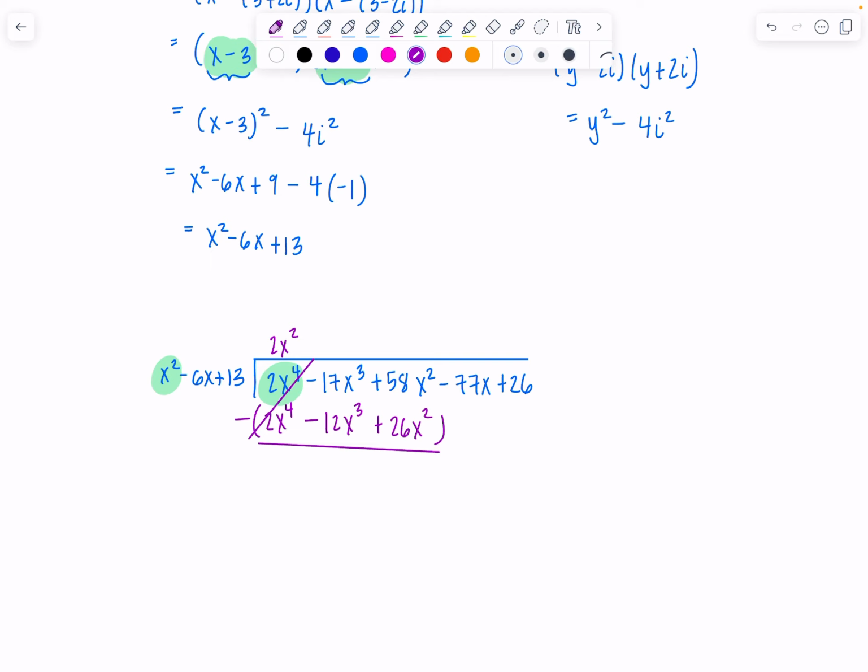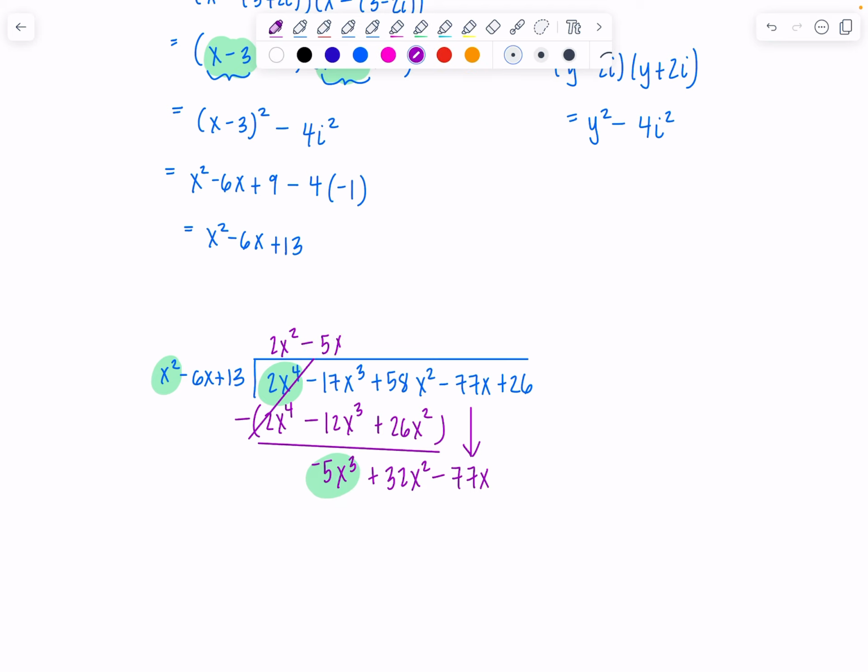So negative 17 minus negative 12 is negative 5x cubed. And then 58 minus 26, that's going to be plus 32x squared. And then I'm going to bring down the next term, negative 77x. And then just repeat. So you look again just at x squared. What do I multiply it by to make it negative 5x cubed?